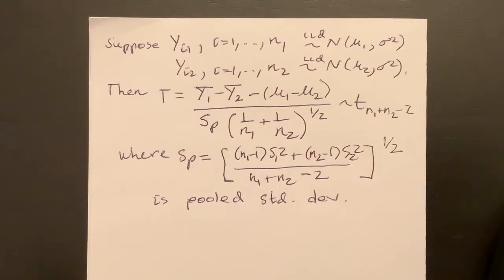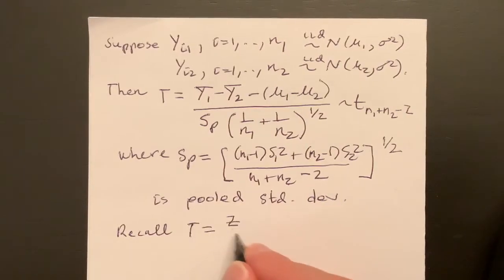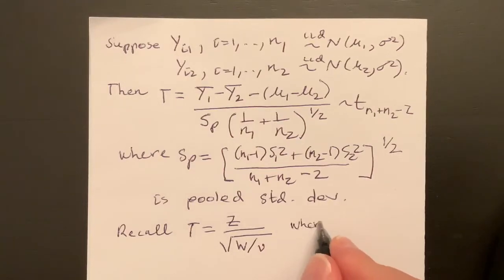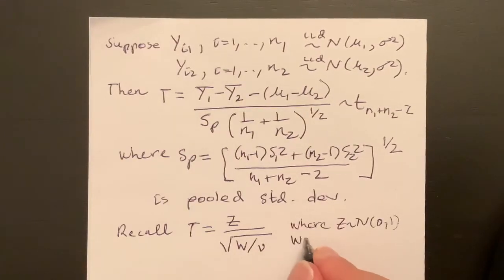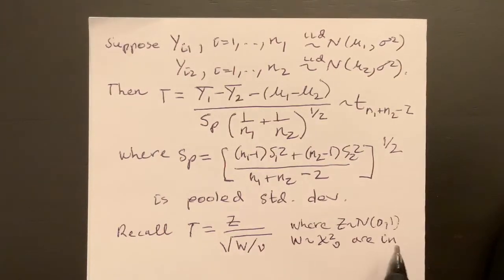Okay, so let's see, recall, if t is equal to z over the square root of w over nu, where z is standard normal, as usual, and w is chi-squared with nu degrees of freedom, and these are independent, then t is t-distributed with nu degrees of freedom.